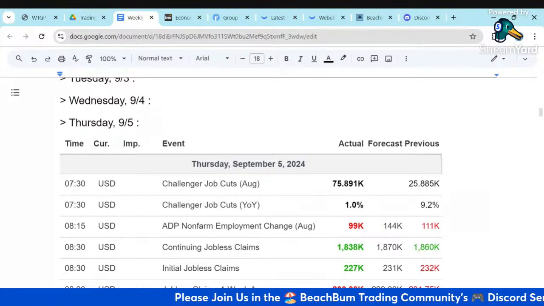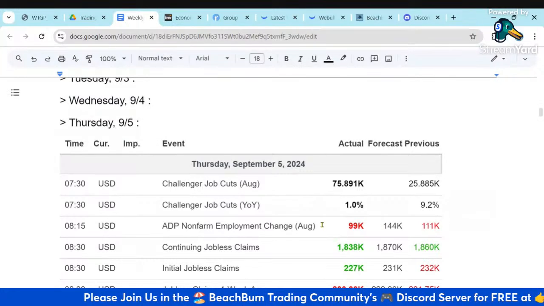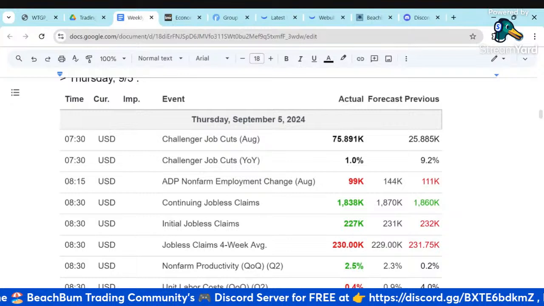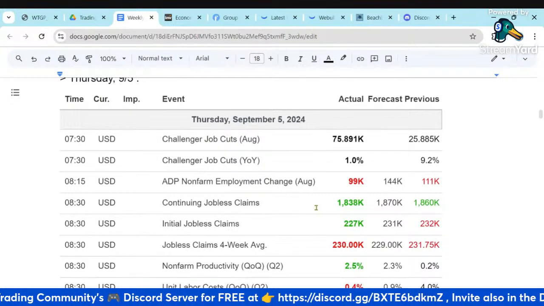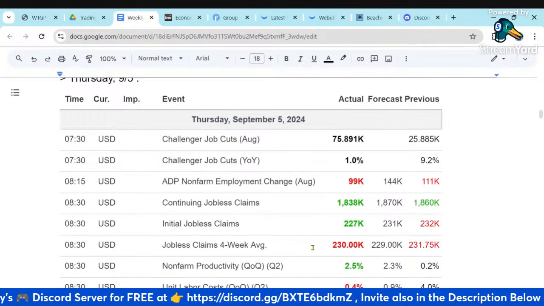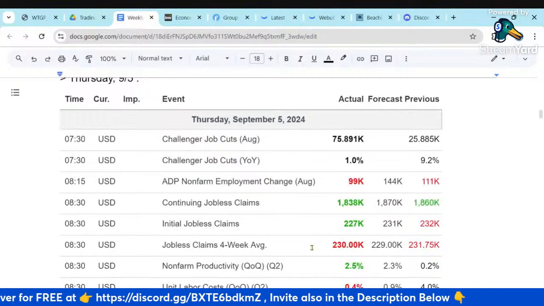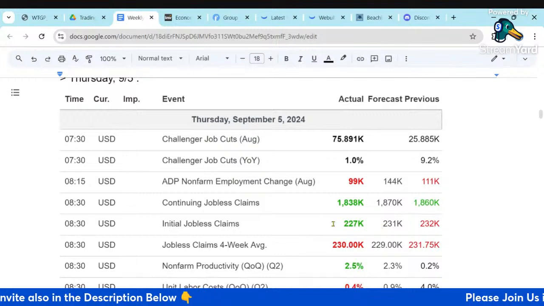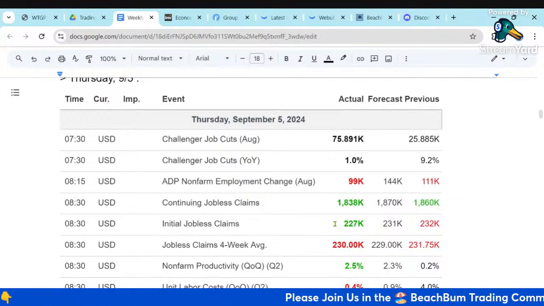We also got the ADP employment change, which was much less than expected, and as we'll see in all this job data, it looks like the job market has been softening a little bit. Again, we get initial claims, although not drastically, so no panic mode for the Fed, as we'll see in all this data.